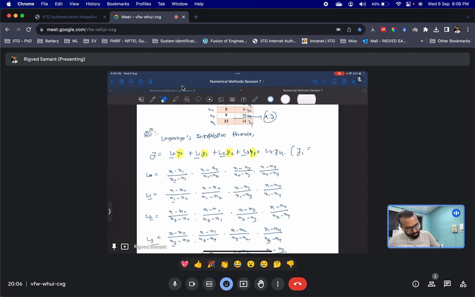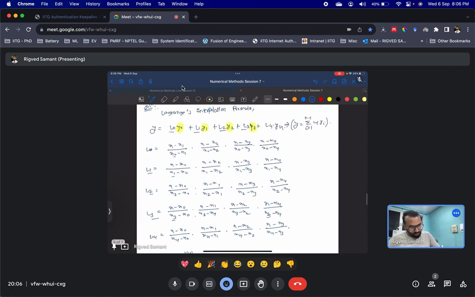If you want to know the shorthand notation, this is y is equal to the summation of i is equal to 1 to n minus 1 of L_i y_i, right? This is your shorthand notation.